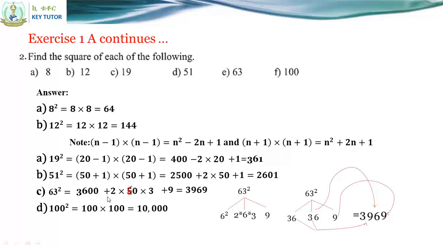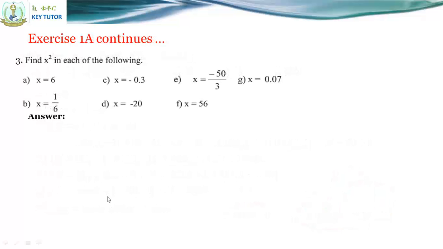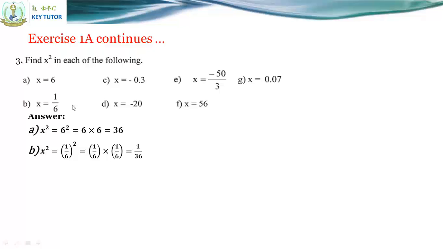100 square, you must know this is 10,000. Find the square in each of the following. Well, as in the previous, we may be focusing on say like 1 over 6 square. 1 over 6 square is 1 over 6 times 1 over 6, which is 1 over 36.